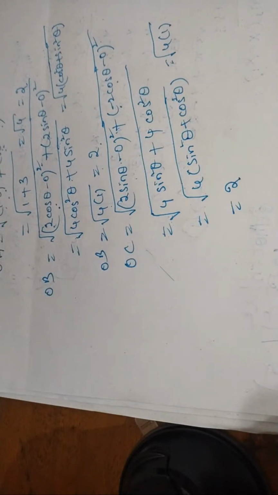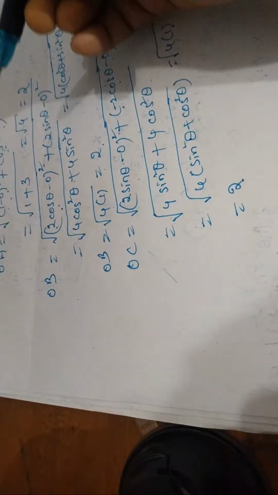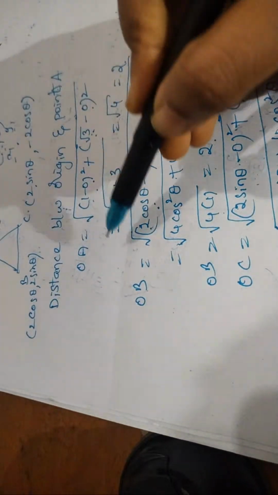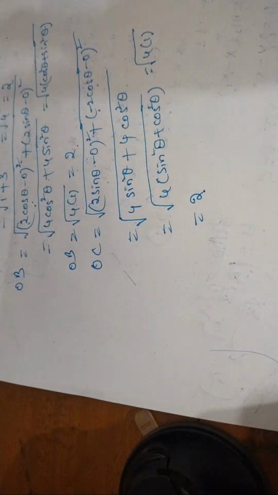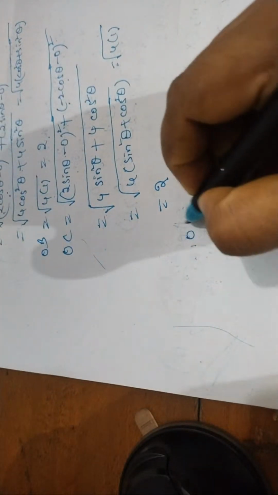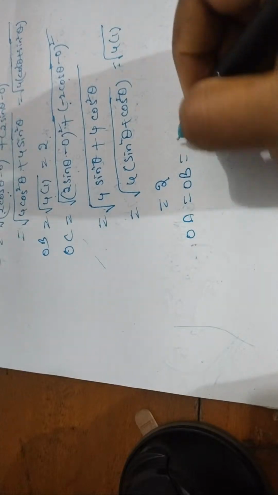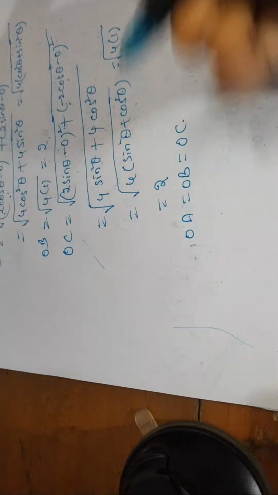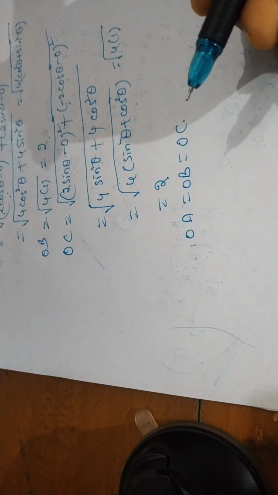If you observe, we got equal distance from the origin to every point: OA is 2, OB is 2, OC is also 2. So we write OA is equal to OB is equal to OC, meaning equal distance from the origin.